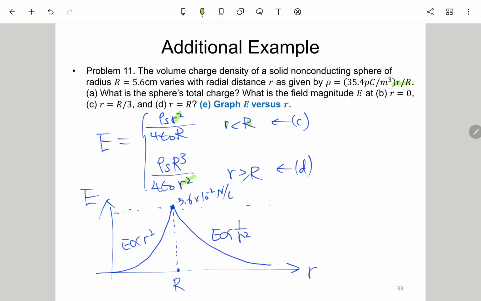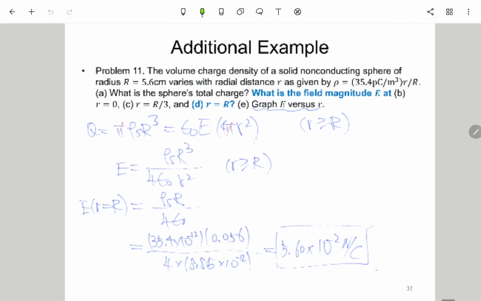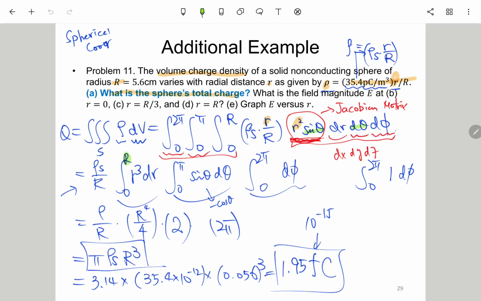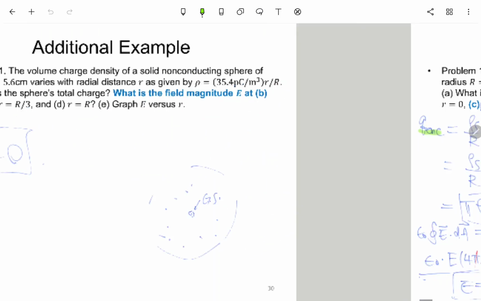But at the very least, if it is non-uniform, this integration cannot be simplified as multiplication anymore. You need to use some mathematics, like you need to know the spherical coordinates, so that you can really compute the total charge on the sphere or on a partial sphere with a smaller radius, like here.